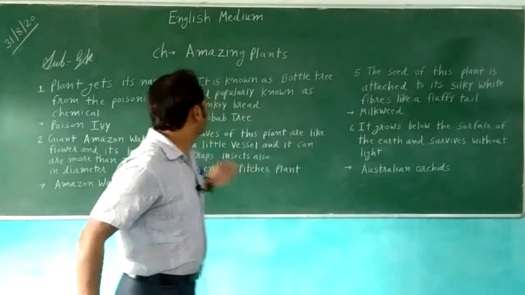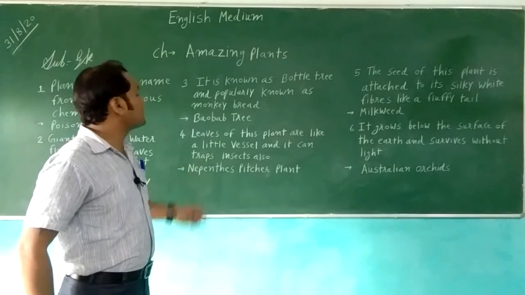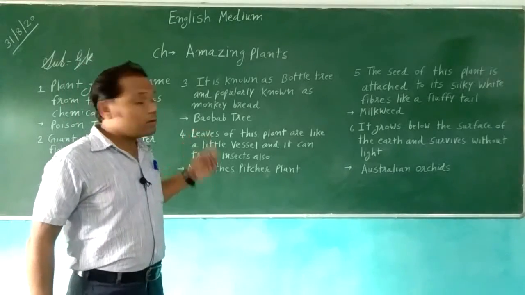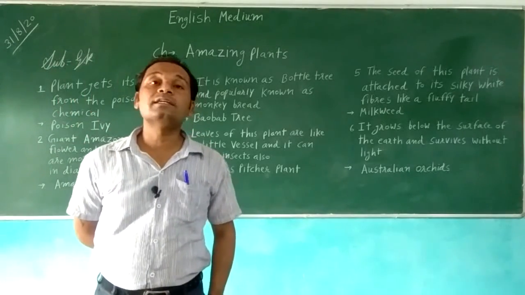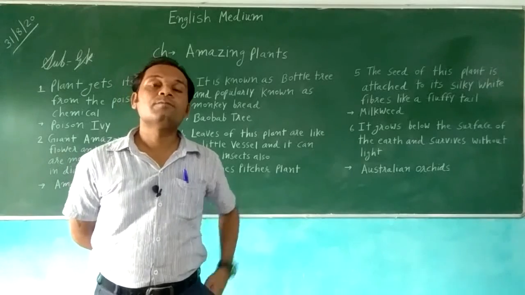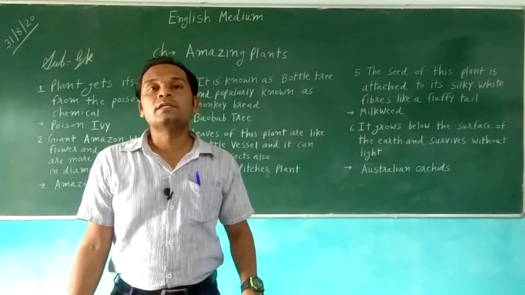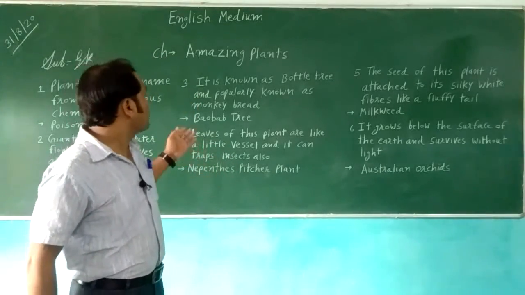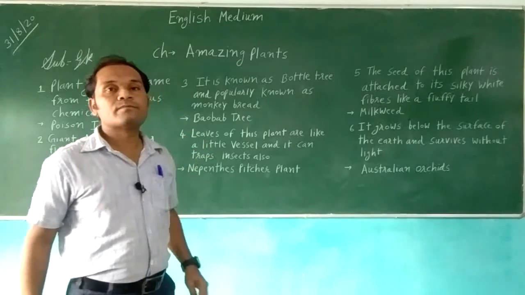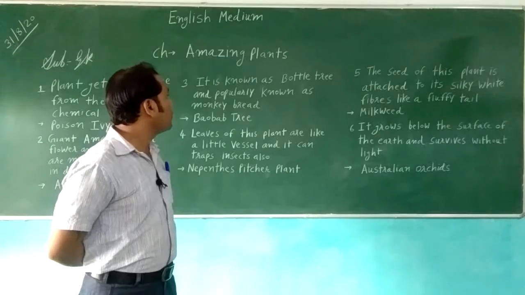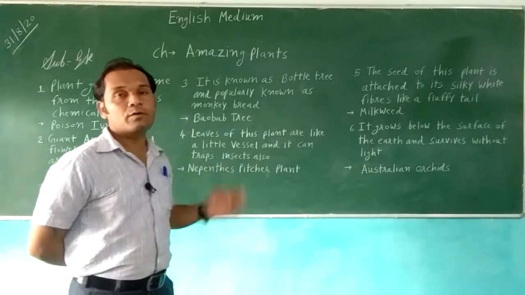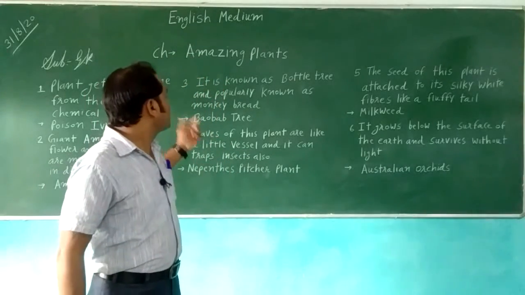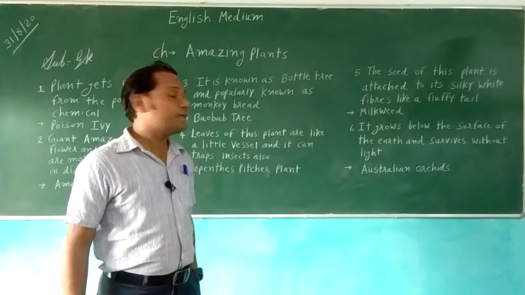One more plant is there. It is known as the bottle tree. It can hold approximately 300 liters of water inside, and it is popularly known as monkey bread.